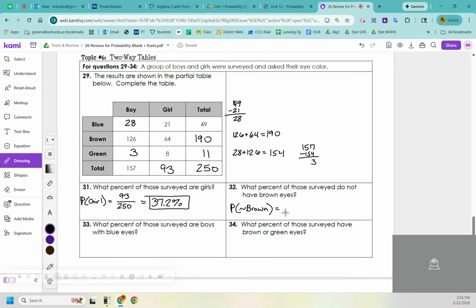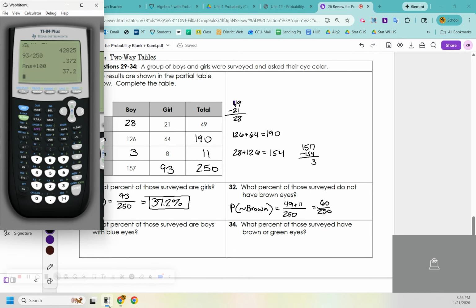So, but not brown, out of all the students, 250, not brown was blue and green, so 49 plus 11. 49 plus 11 is 60 out of 250, and times that by 100. 60 divided by 250 times 100 is 24%.